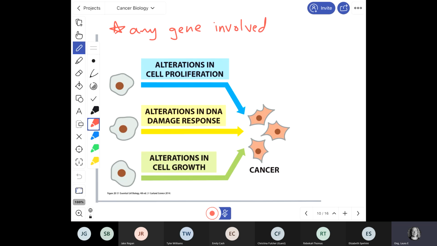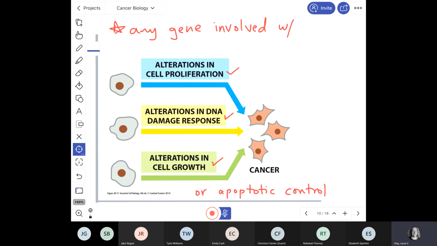any kind of gene involved with proliferation, detecting DNA damage, alterations in growth, or control of apoptosis, call that apoptotic control, that do all of these things are really common to be mutated in cancer.